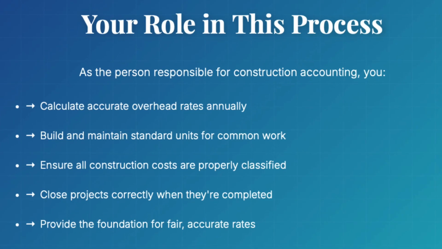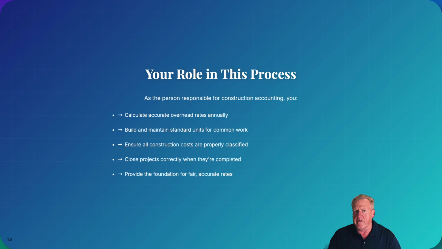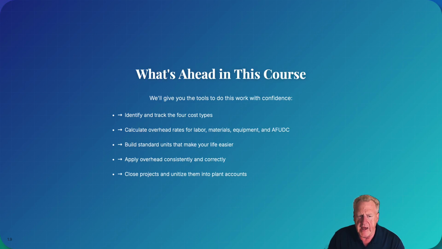So as a person responsible for construction accounting, really it would be your job to calculate these overheads, build the standard units, ensure the costs are classified correctly, and then close the projects correctly, what we call the unitization. We'll show you how to do that as well. And then all of this together provides that foundation for fair and accurate rates.